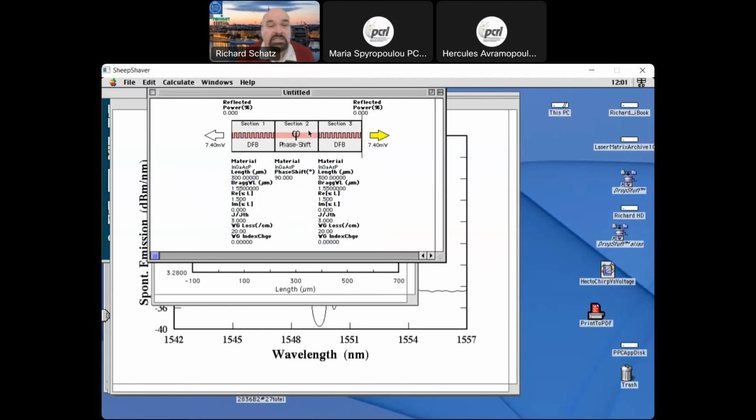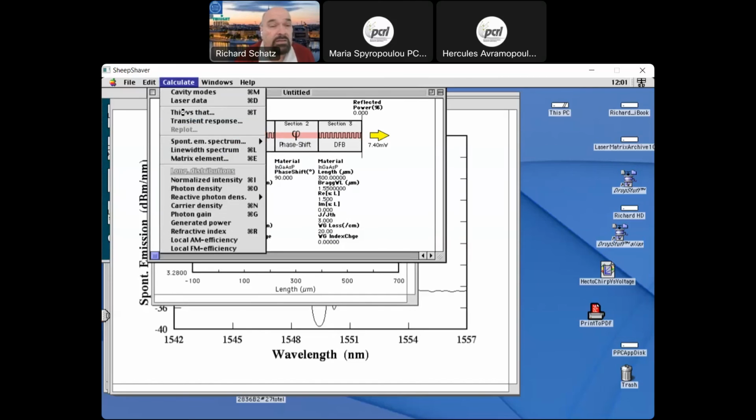Then we can see what the coupling coefficient should be here in order to get the best gain margin at 3 times threshold. Then we can check if you reduce the coupling coefficient, is it possible to get a better gain margin at 3 times threshold?